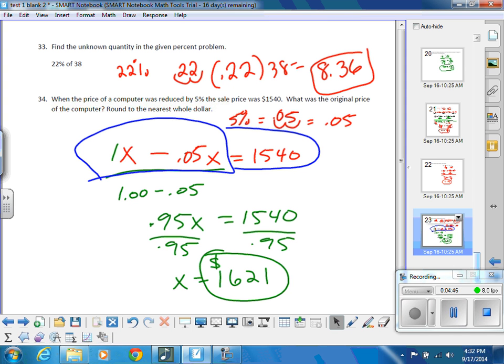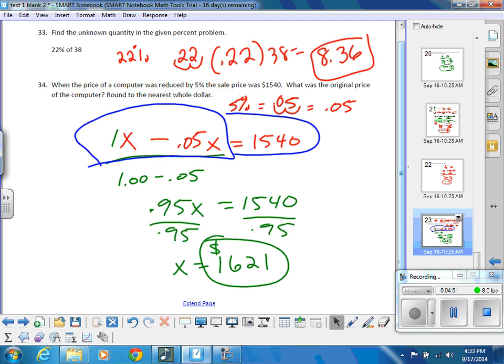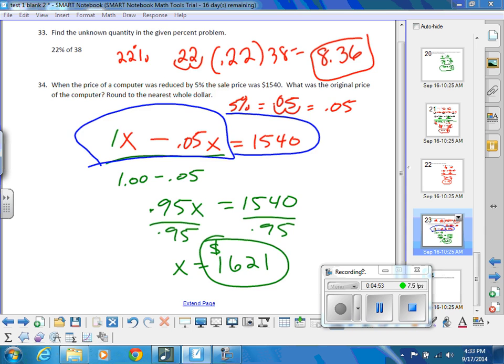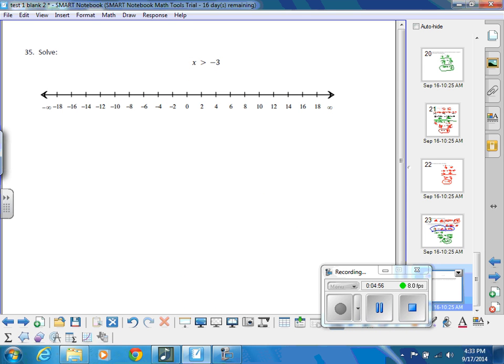Okay. Now, let's look at this very last one, alright? And then we're done. This last one is already solved for us. It's a very basic problem. So I go to -3 here, and it's an open parenthesis, and this isn't an 'or equal to.' Remember my trick: arrow that way, I know I'm shading.